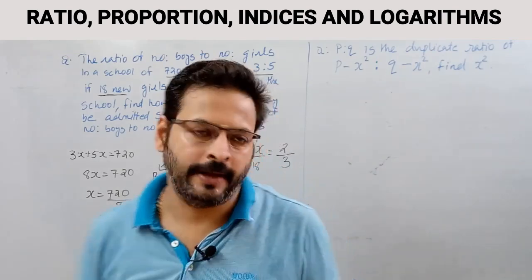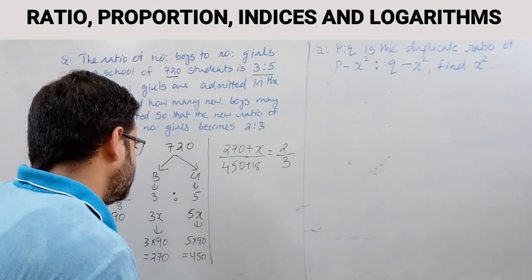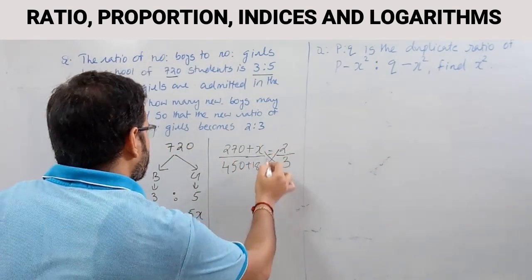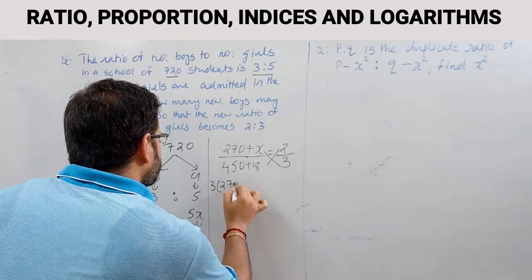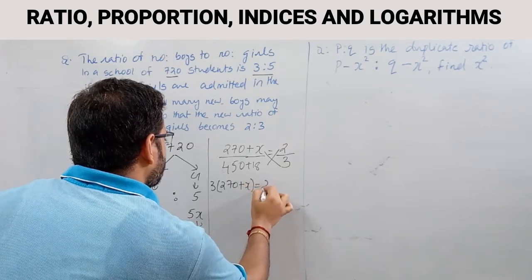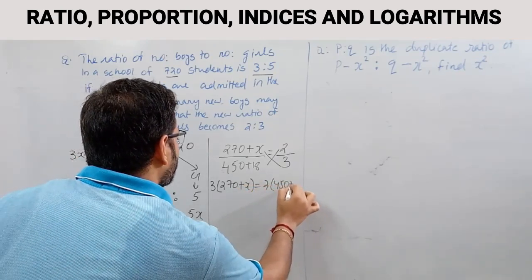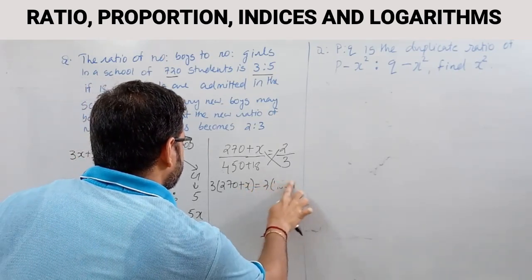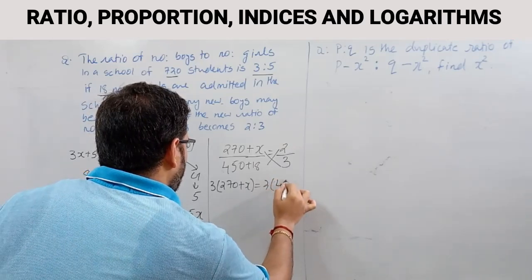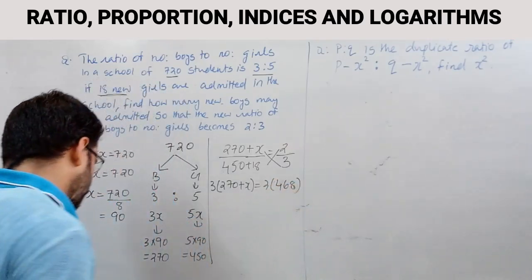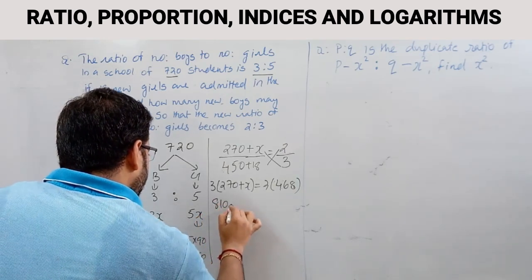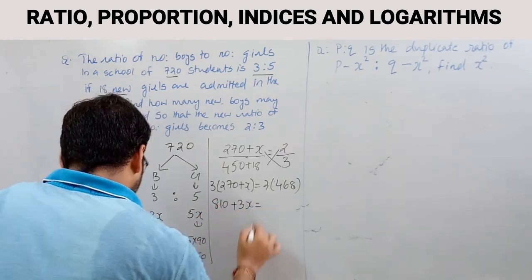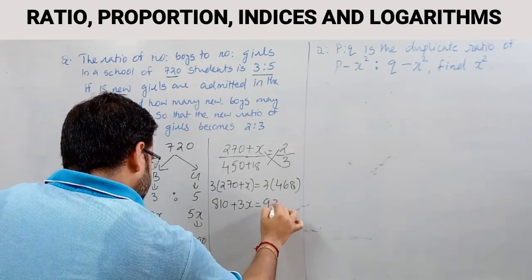Then cross multiplying to find the value of x. Cross multiplying, we get 3 into (270 plus x) is equal to 2 into (450 plus 18). That means 468. Multiplying, we get 810 plus 3x is equal to 936.